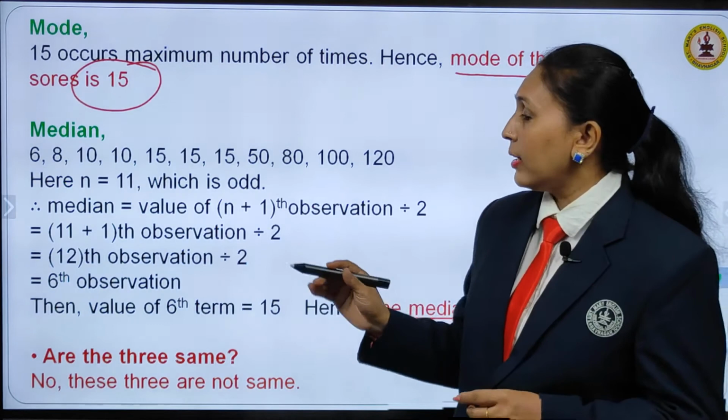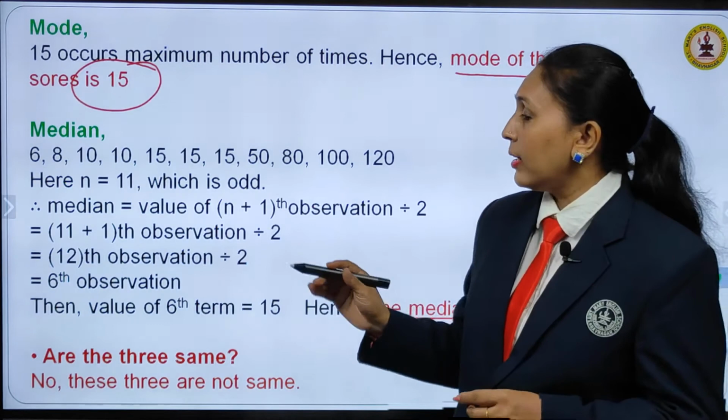Now to find the median when the observation is odd, the formula we apply is (n plus 1)th observation divided by 2. Okay, so n is our 11, 11 plus 1 observation dividing by 2. 11 plus 1 I will get 12, 12th observation divided by 2 children, I will get 6th observation.